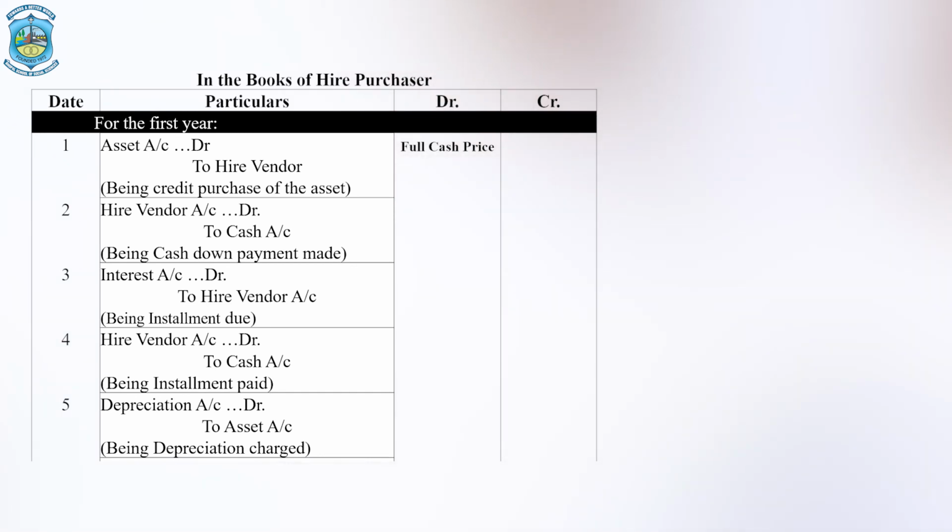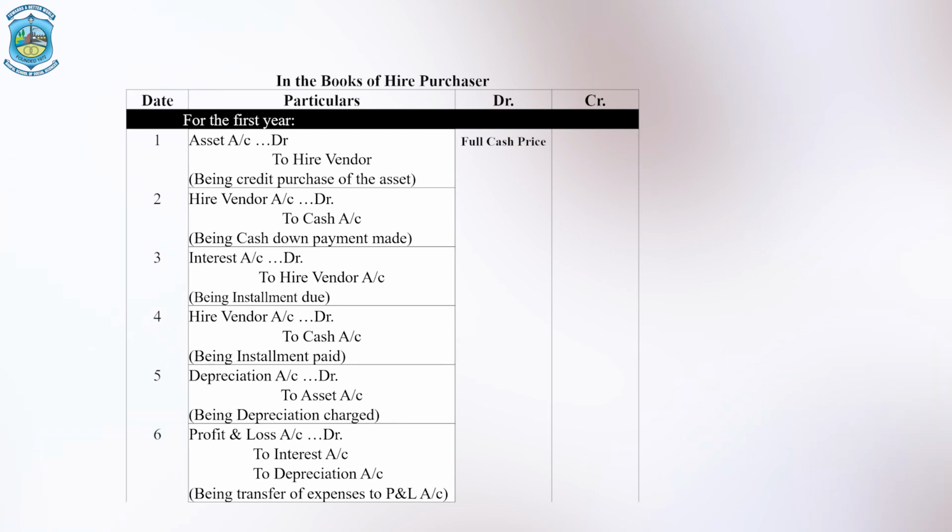The interest and depreciation have already been charged in the books of the purchaser. Then the last thing to be done is to transfer these two expense accounts to profit and loss account, and therefore the entry would be profit and loss account debited to interest and depreciation. It is a simple entry for the transfer of these two expense accounts.